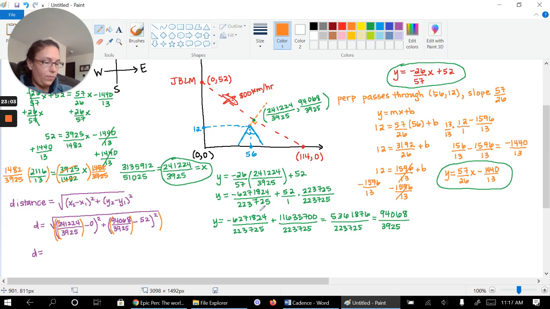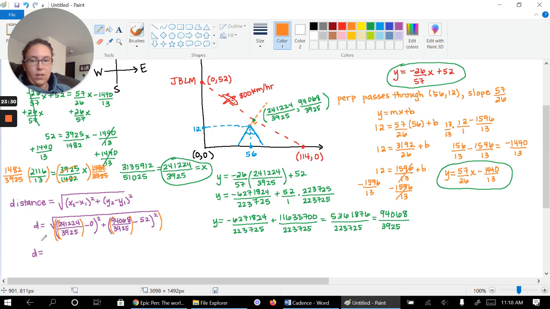So I'm going to take 241,224 divided by 3925. I'm not going to put minus 0 because that doesn't change the answer. So we're squaring that, plus 94068 divided by 3925 minus 52, close that parenthesis and square it.